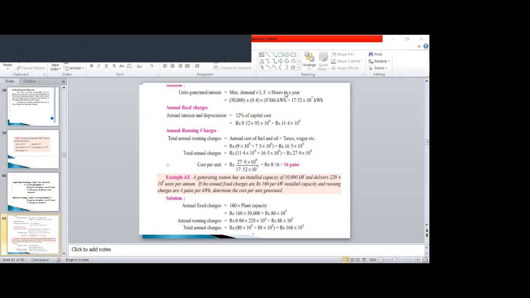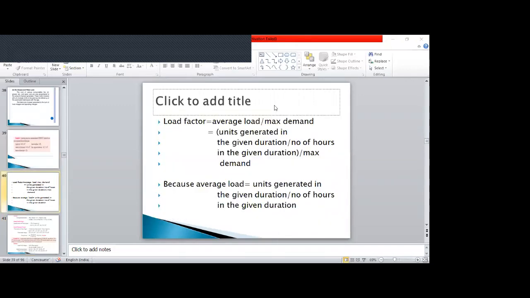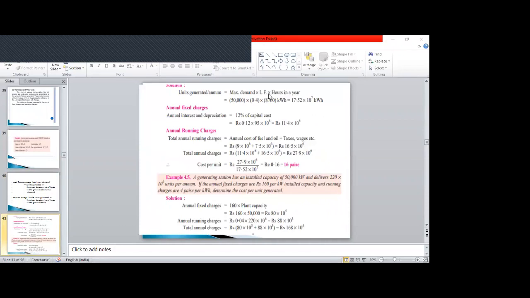Hours in a year: since it is an annual load factor, you have to consider the number of hours in a year, which is 365 into 24, that is 8760. What you get will be in kilowatt hour, so that is 17.5 into 10 to the power 7 kilowatt hour.